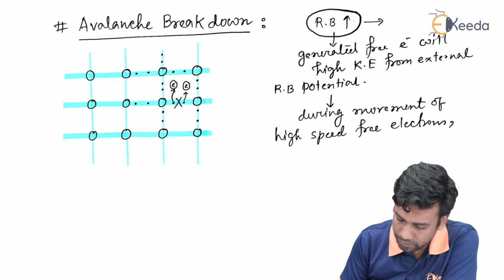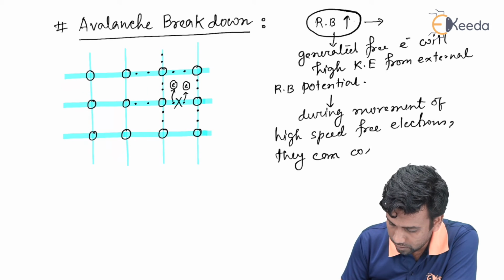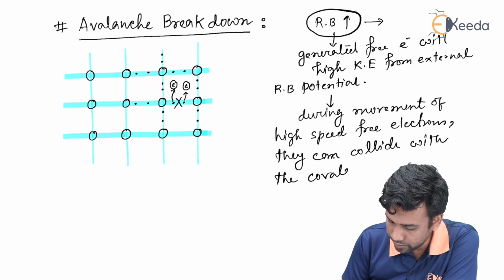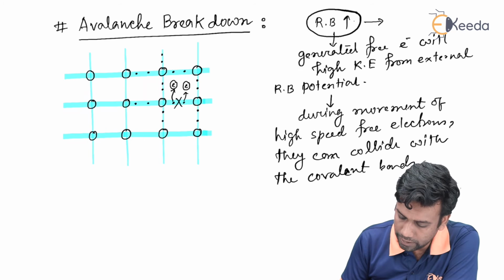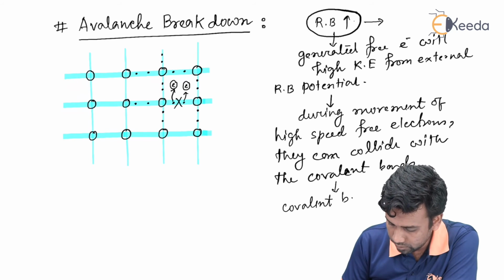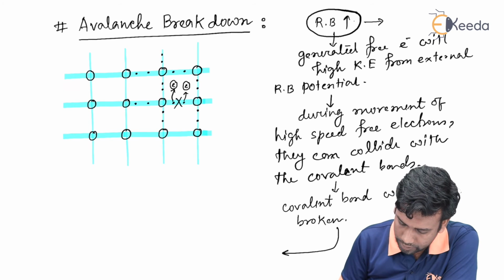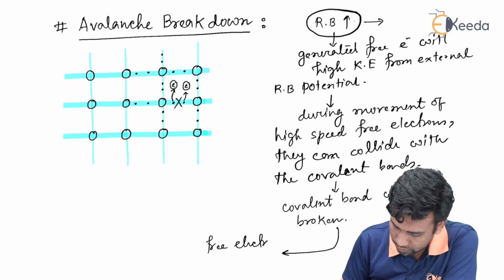So, during this movement the high speed free electrons can collide with the covalent bonds. During this collision, the covalent bond will be broken, and from this broken covalent bond, free electrons are generated.